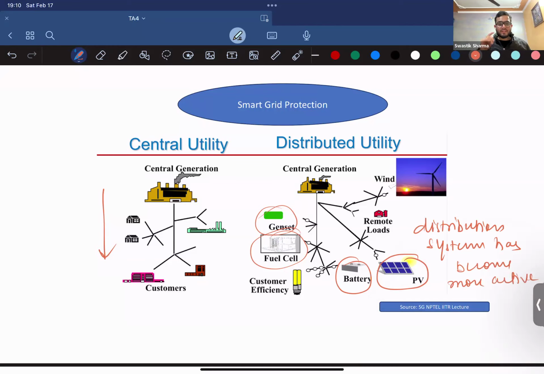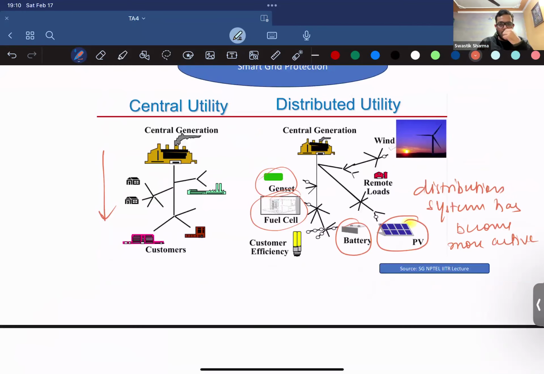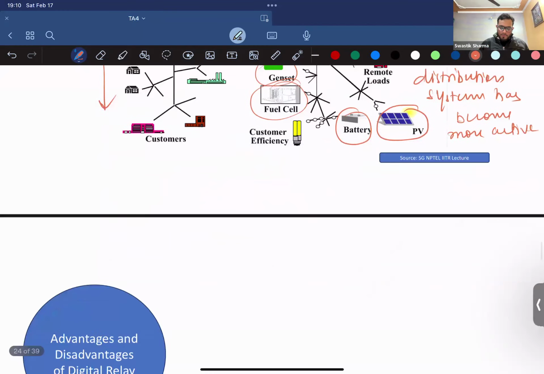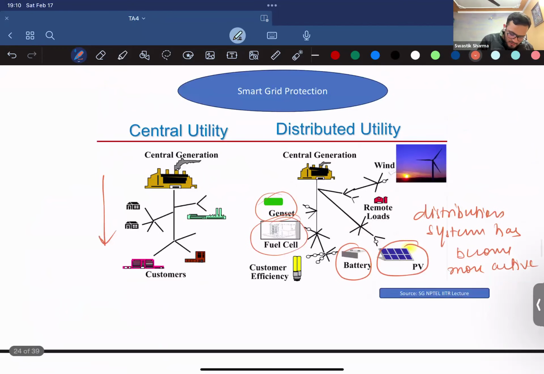You are continuously witnessing areas of brownouts or blackouts because of things not going the way you wanted them to go, right?